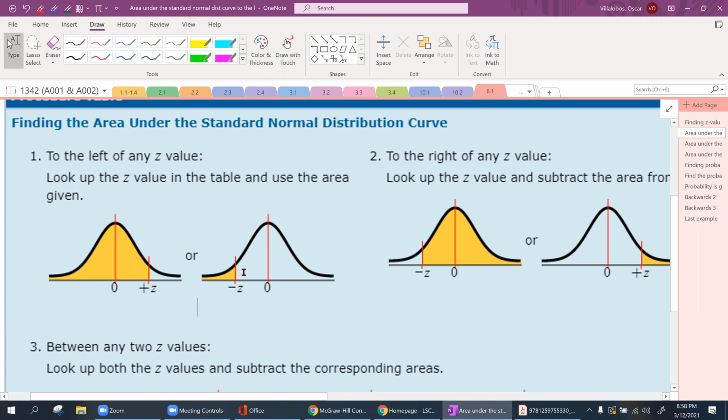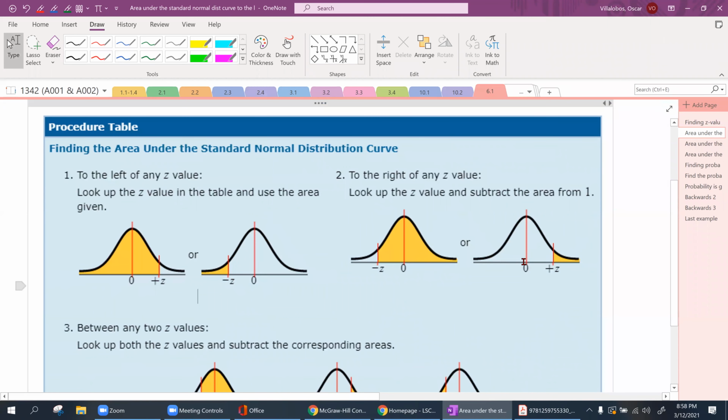If you're asked for the area to the left of that, things are going to change a little bit. Oh, and just real quick, the area from the very end to the very front is 1.0, 100%.